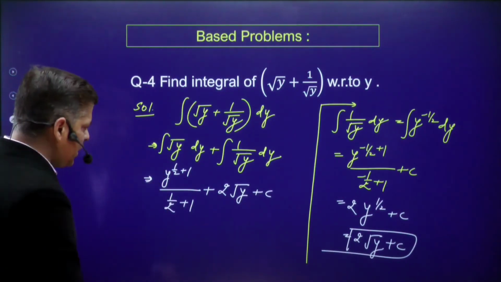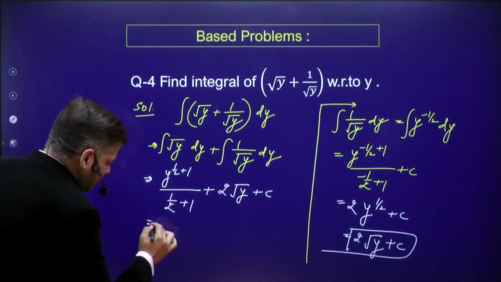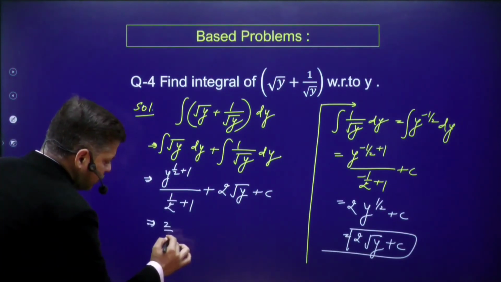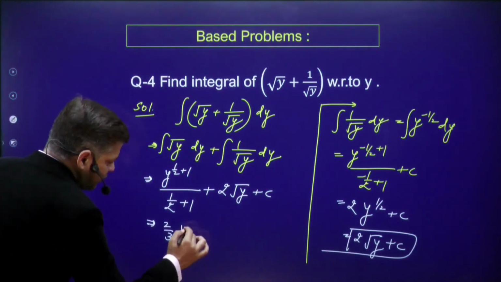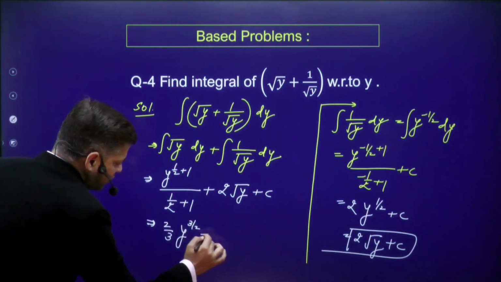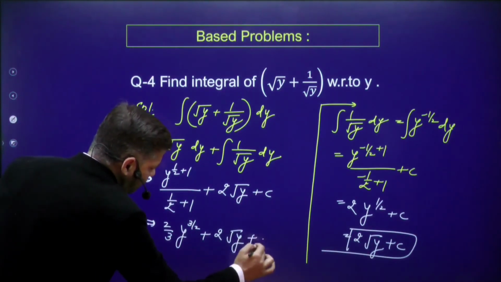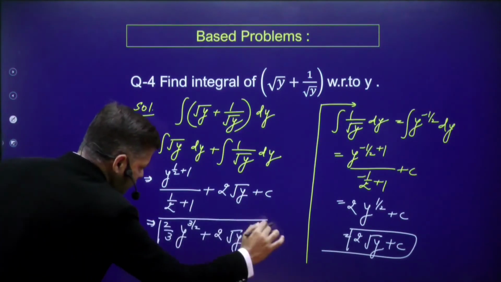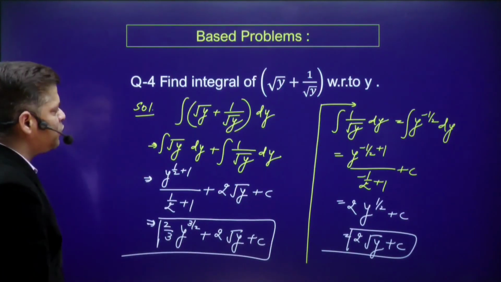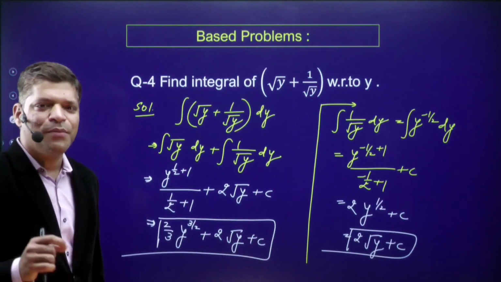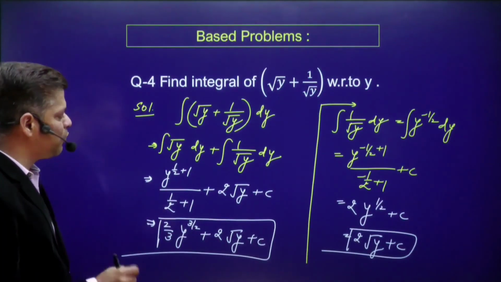Now half plus 1 is 3 by 2, so it will be written as 2 by 3 y raised to the power 3 by 2 plus 2 root y plus c. This is your final answer, the integration of (root y plus 1) upon root y.